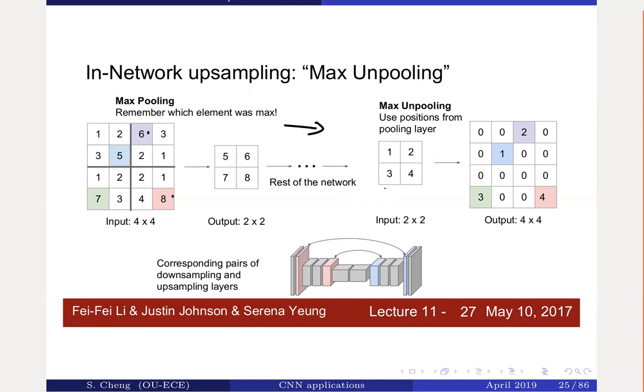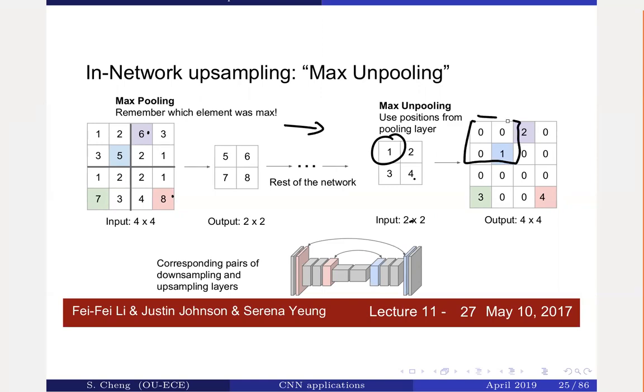In the sense of unpooling, I can do it several different ways. One way is, when I unpool, I may have 1, 2, 3, 4, and put all the values in this region here.